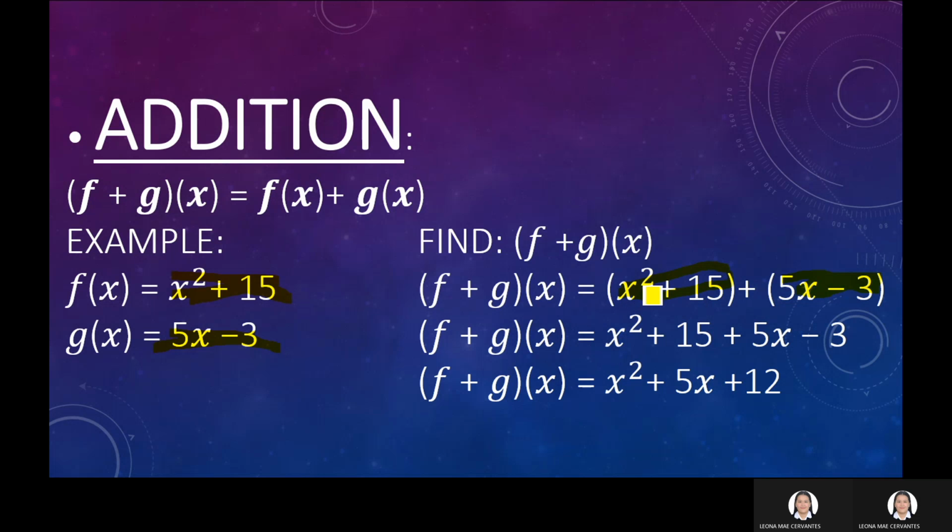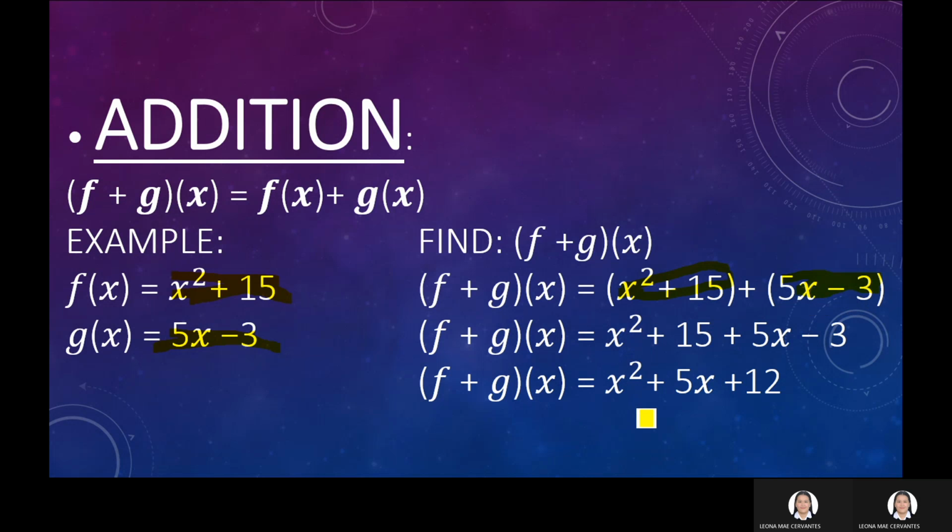Now let's add x squared plus 15 plus 5x minus 3. So we have x squared plus 15 plus 5x minus 3.